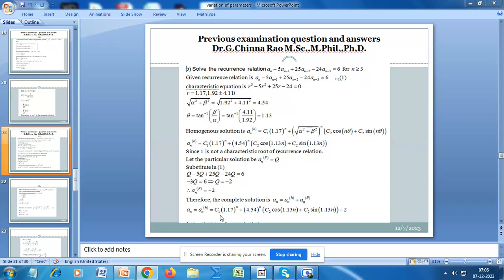So you just write down a_n equal to C1 into 1.17 whole power n plus 4.54 whole power n into C2 cos 1.13 n plus C3 sin 1.13 n minus 2, because a_n p is minus 2. You don't write a_n h, it is a_n h plus the a_n p value.